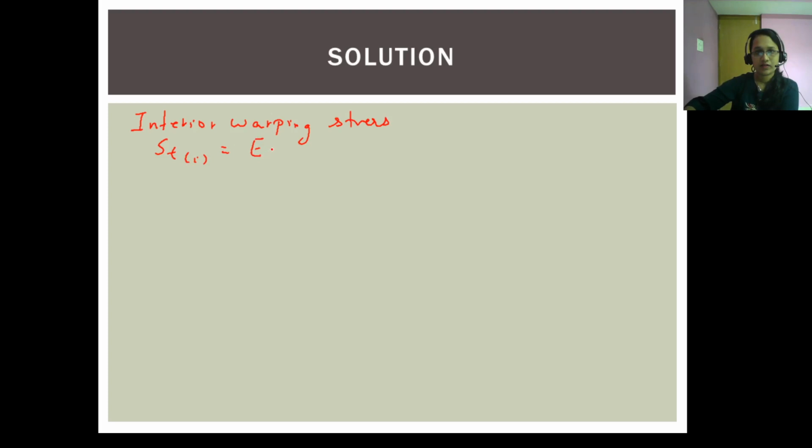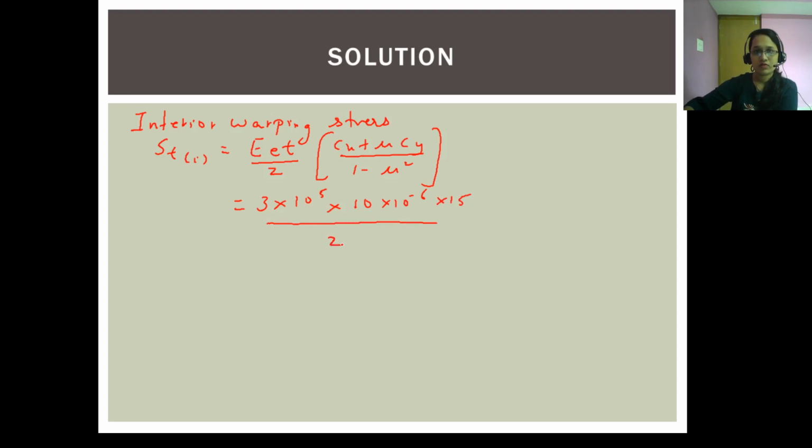E e T by 2 into (Cx plus nu Cy) upon 1 minus nu square. So calculate this. This will be equals to, E value is given, 3 into 10 raised to 5, into small e is also given, 10 into 10 raised to minus 6, T we are getting it is 15 upon 2.